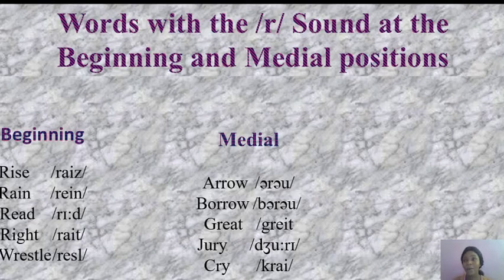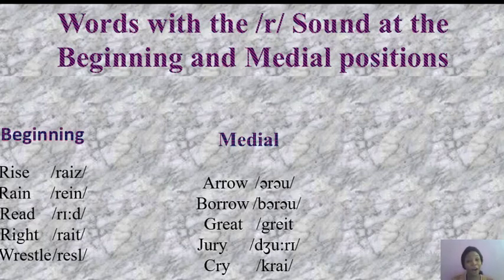So if the word ends with an R, the R automatically is silent. For instance, we have the word far, F-A-R. You don't say far with the R. The R is silent. But supposing you're linking it to another word that begins with a vowel sound, that's when you pronounce the R. Let's say the next word is away.